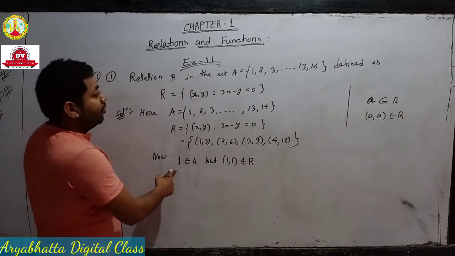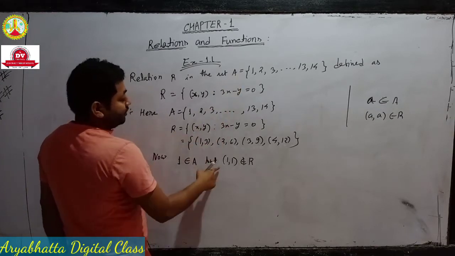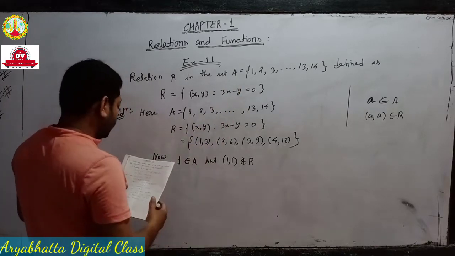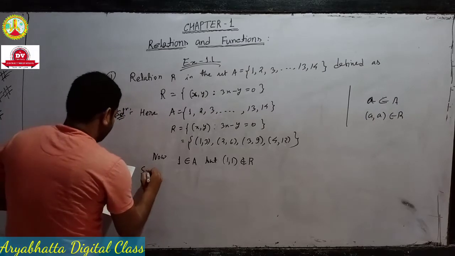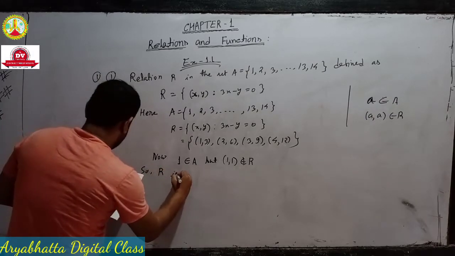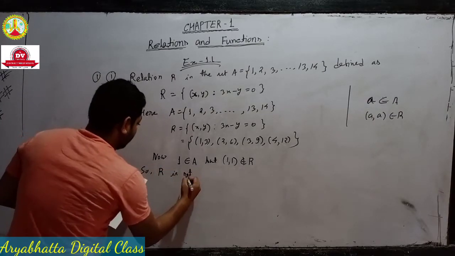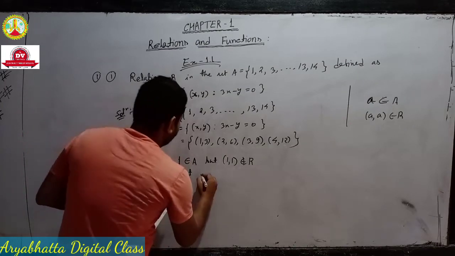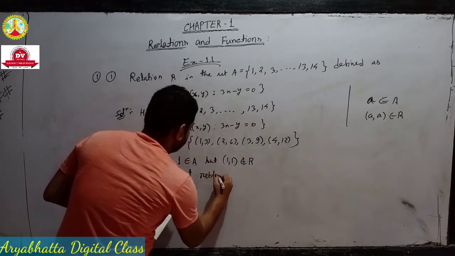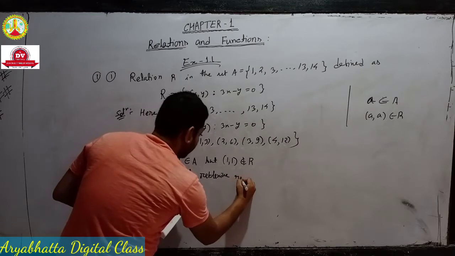Here 1 belongs to set A, but (1, 1) does not belong to R. So R is not a reflexive relation.